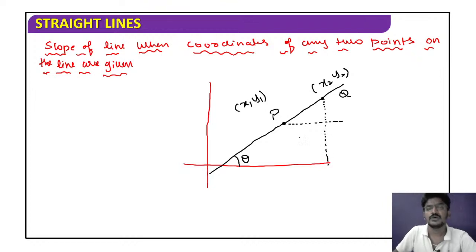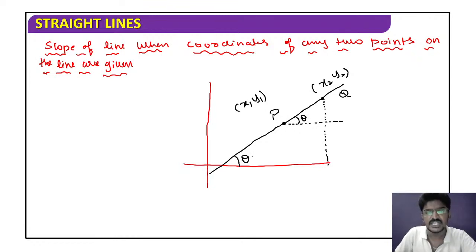Okay, so from this you can just see that theta will be the same here. So quickly tell me how these angles are going to be equal. All of you know that when a line intersects two parallel lines, the corresponding angles are equal.